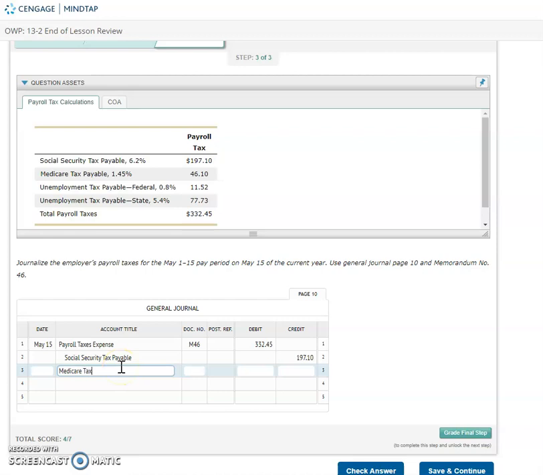Medicare tax payable, I'm crediting for 46.10. Unemployment tax payable, federal, crediting for 11.52. And then I have my unemployment tax payable state, and I'll credit for 77.73.